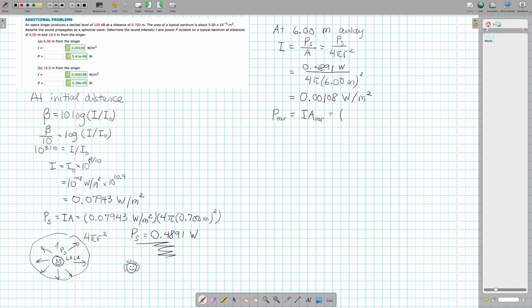And we use the intensity we just found times this area for the eardrum, 5 times 10 to the minus 5 square meters.